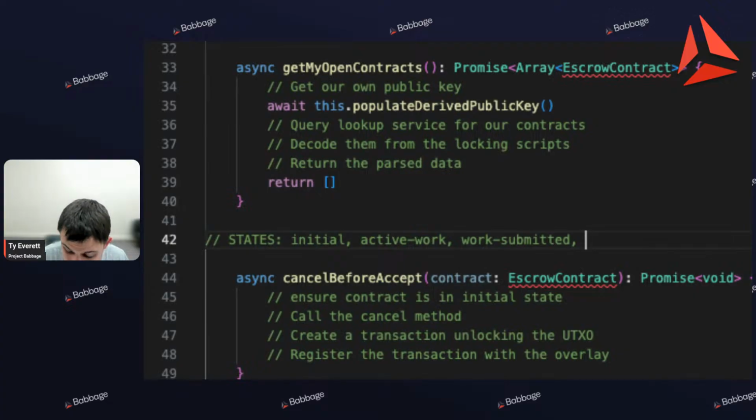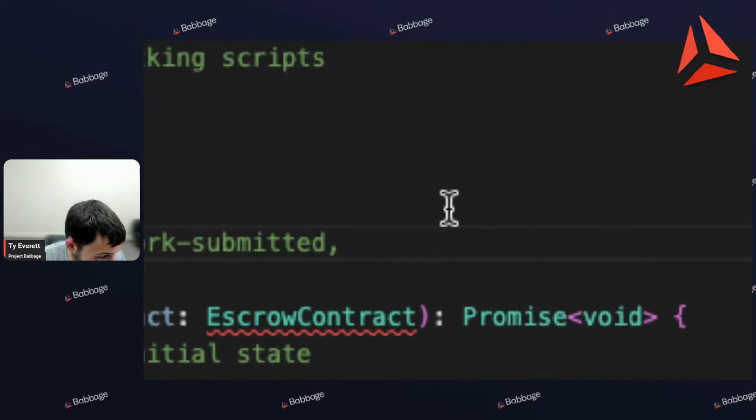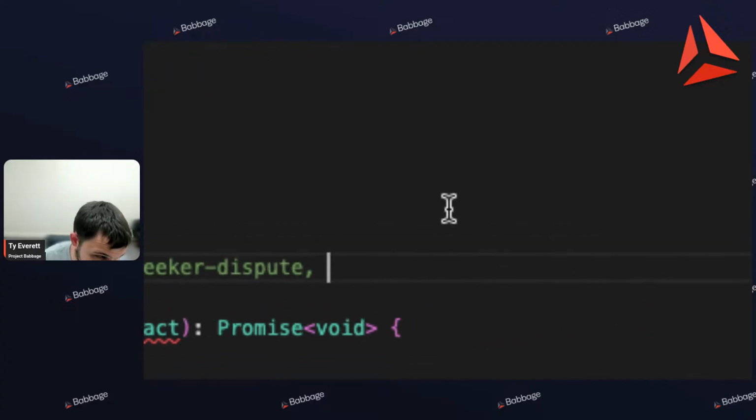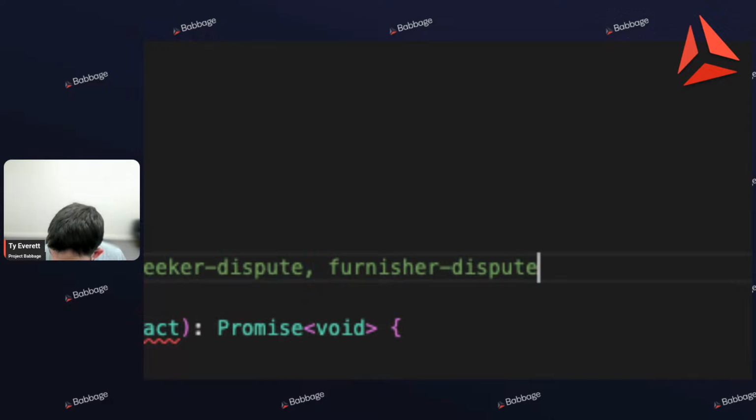Obviously disputed by seeker, disputed. Furnisher disputed.